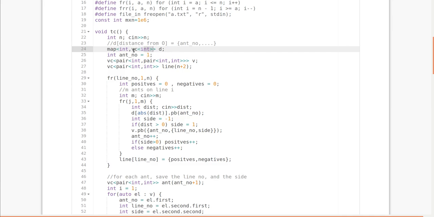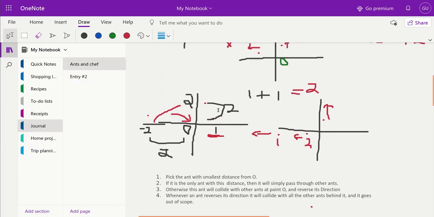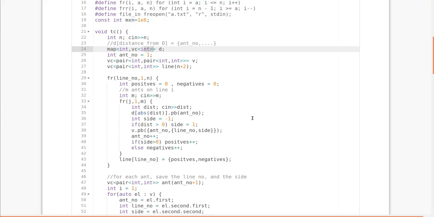So I'm giving a number to each ant. Like this is ant 1, this is ant 2, this is ant 3. I'm storing them in a vector.